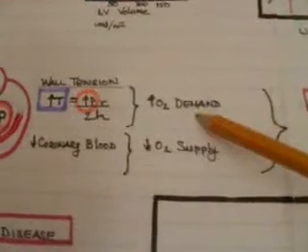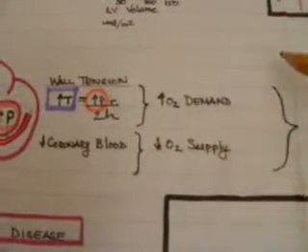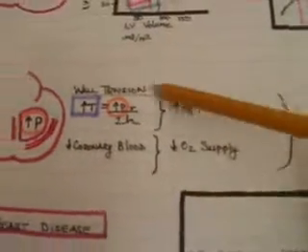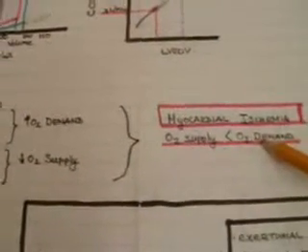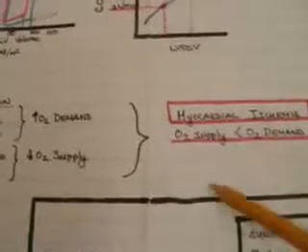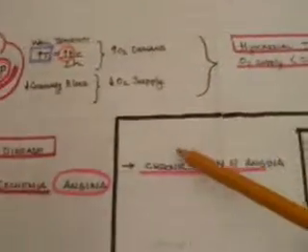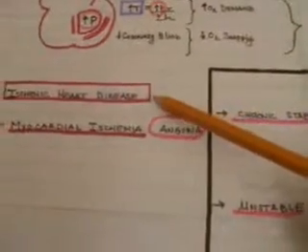And in the next lecture, we'll talk about what happens when the O2 demand and the O2 supply relationship becomes imbalanced and leads to myocardial ischemia. And if that myocardial ischemia is not taken care of appropriately, it may lead to ischemic heart disease, for example, myocardial infarction.